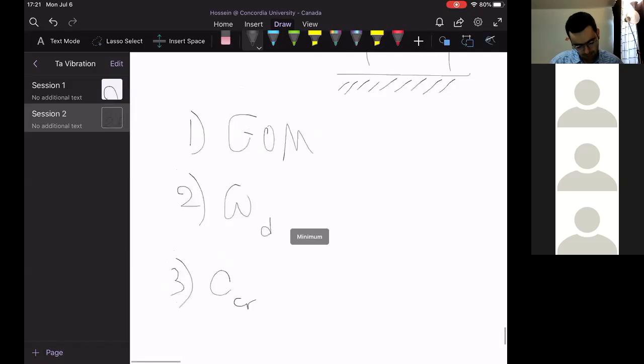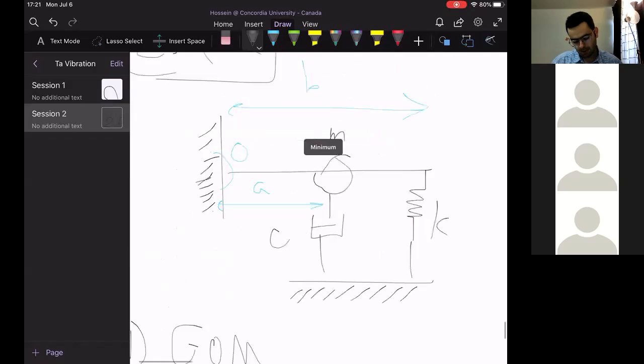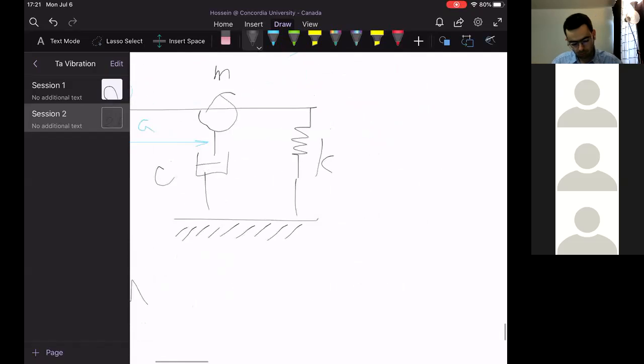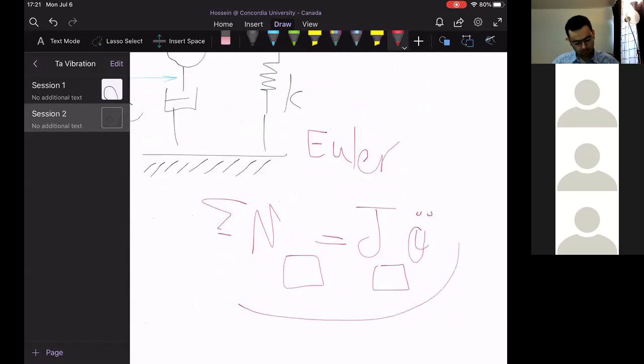If you take a look here, there is a pure rotational system. These links can rotate around point O, right? We could take advantage of the Euler formula for a rotational system. The summation of moments around any point is equal to J of the system around that point multiplied by theta double dot, the rotational acceleration.